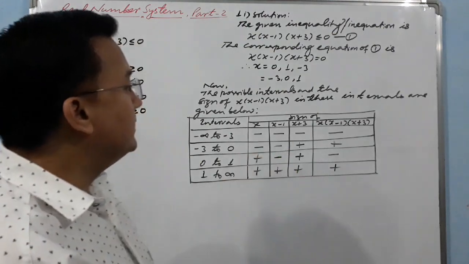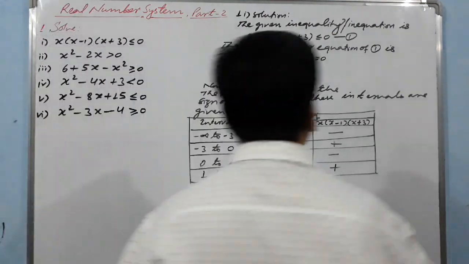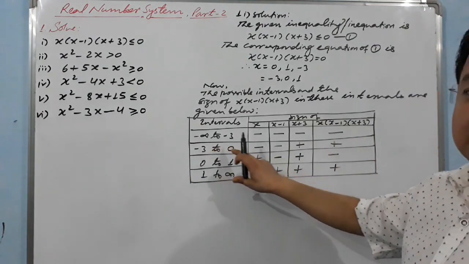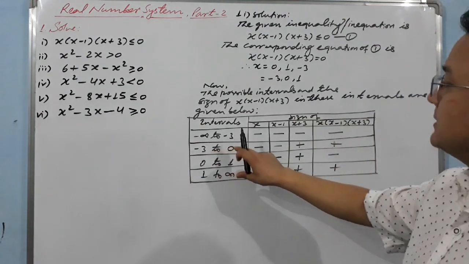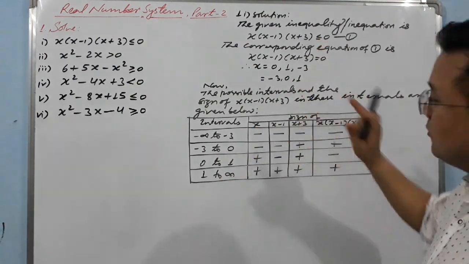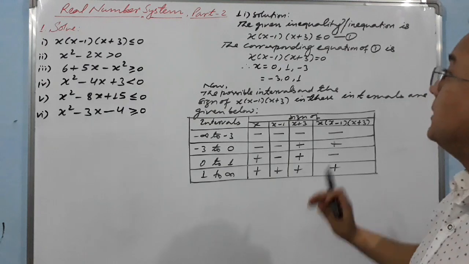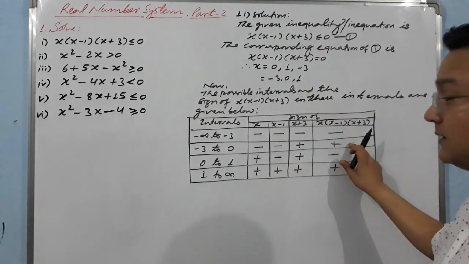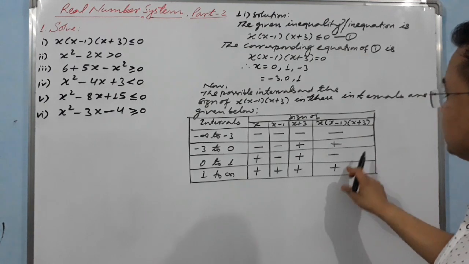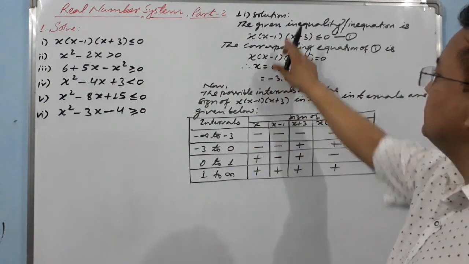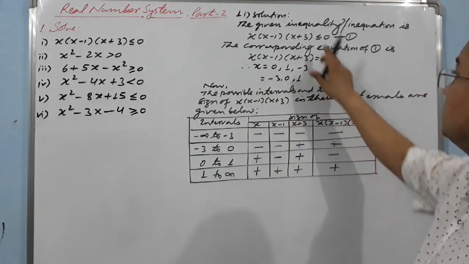So negative you have to choose here, not positive, because if you choose values from minus 3 to 0, you are not going to get less than or equal to 0, you get greater than or equal to 0. But the inequality we have is less than or equal to 0, so we will reject this and this also. Here any value of x gives negative, less than 0.